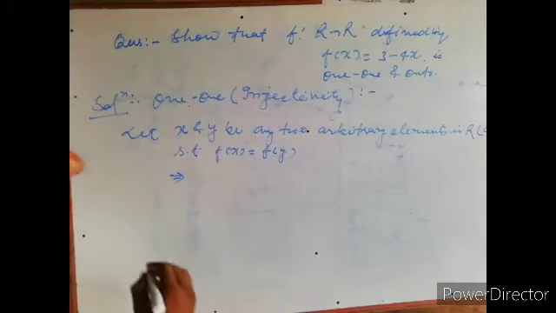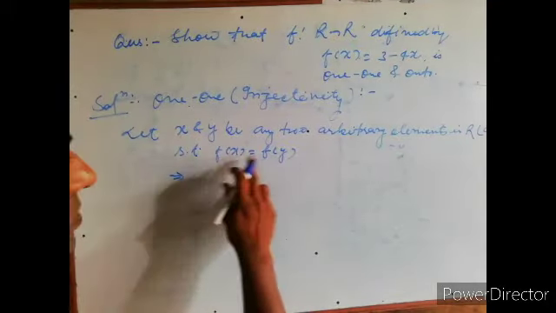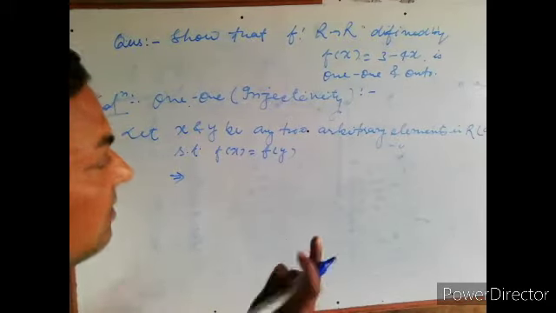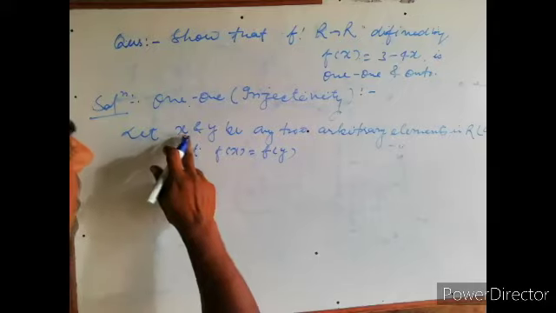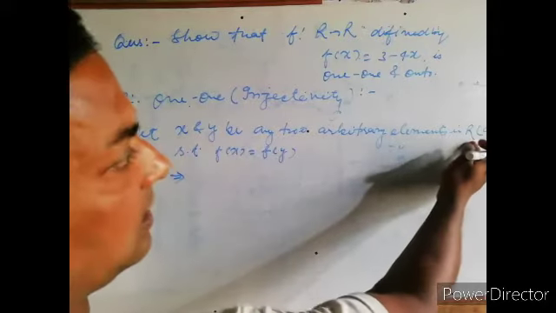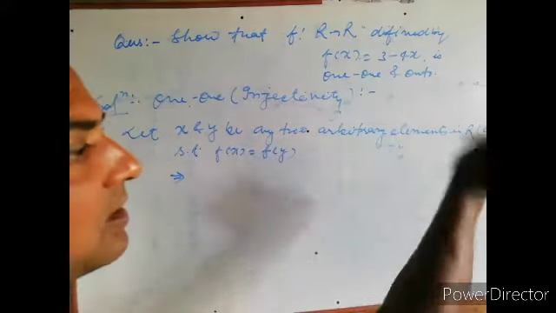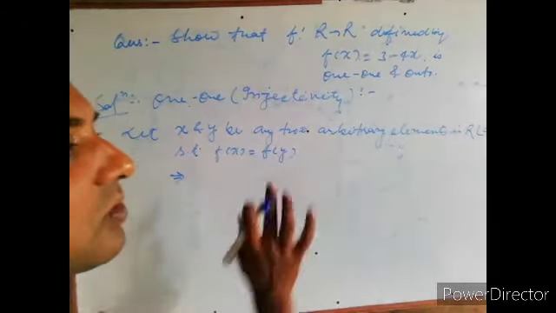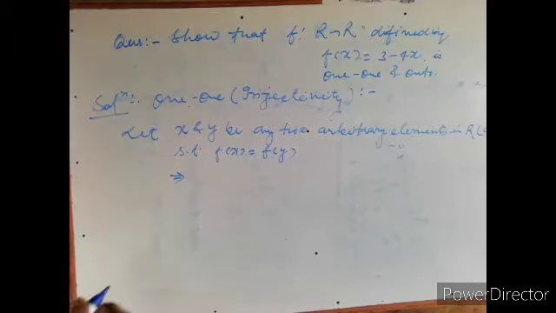So if you prove that f of x is equal to f of y implies that x is equal to y, then for all x and y belongs to set R, there exist images in set R, that is codomain, and hence this is one-one function.